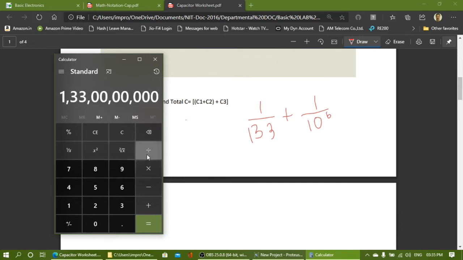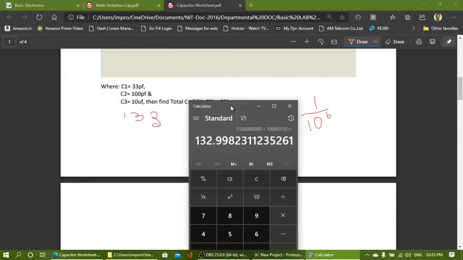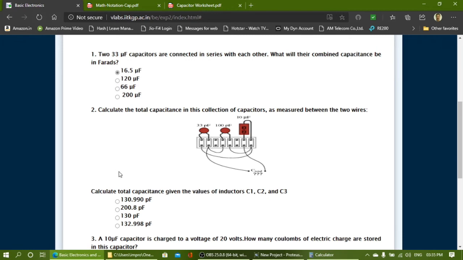This figure will be divided by this one, and you will find that 132.998 will be your microfarad value, total resistance value, sorry, picofarad value, this one.